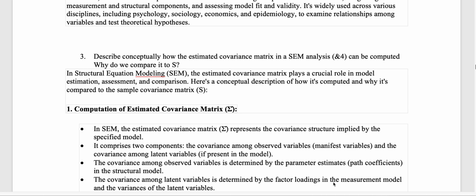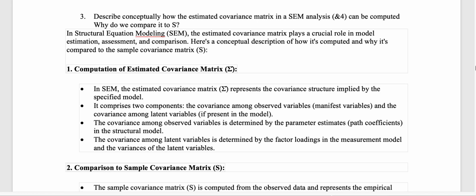In structural equation modeling, the estimated covariance matrix plays a crucial role in model estimation, assessment and comparison. Here's a conceptual description of how it is computed and why it's compared to the sample covariance matrix. Number 1, computation of the estimated covariance matrix. In structural equation modeling, the estimated covariance matrix represents the covariance structure implied by the specified model.